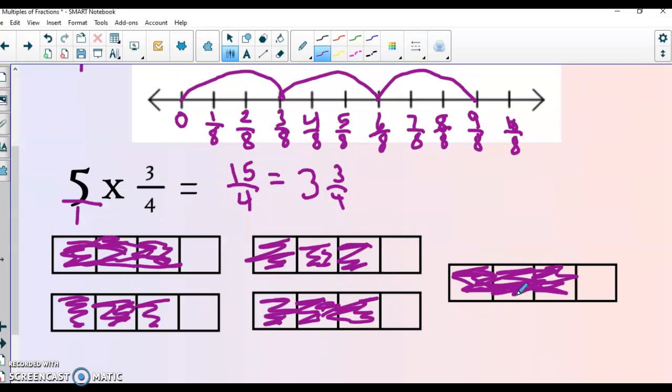So if I had 15/4, I can easily take some from this. I'm going to distribute this to some of my other models. So I'm actually going to erase 1/4 here, and I'm going to fill it in here. And I'm going to erase another 4th from here, and fill it in here.